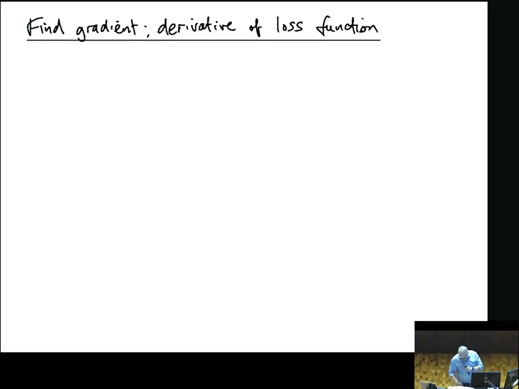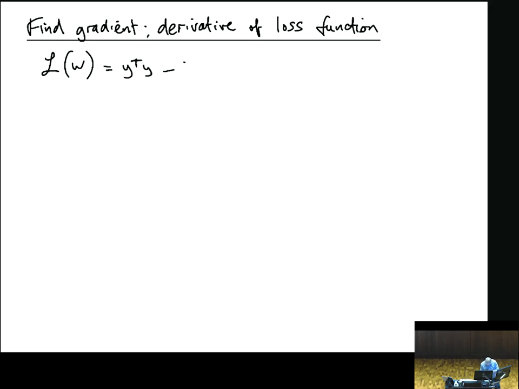Let's just rewrite the loss function. It's on the previous page, but we'll write it again so we're clear. The thing we got was y transpose y minus 2 w transpose x transpose y, then this thing here, w transpose x transpose x w.